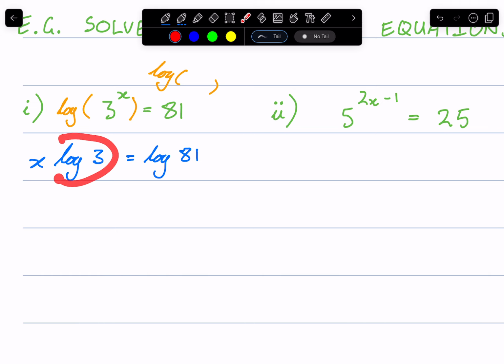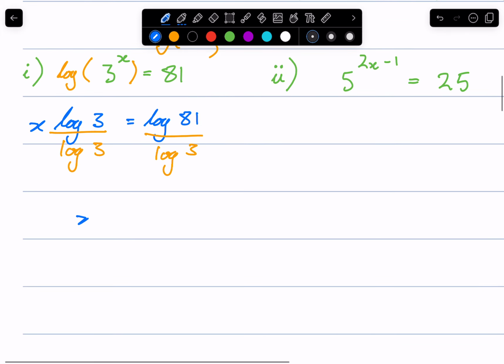Now from this point, log of 3 is just a number. So this you can think of as x times some number, whatever log 3 is. So we can make x by itself by dividing both sides by log of 3.